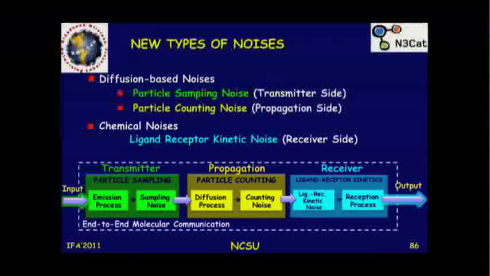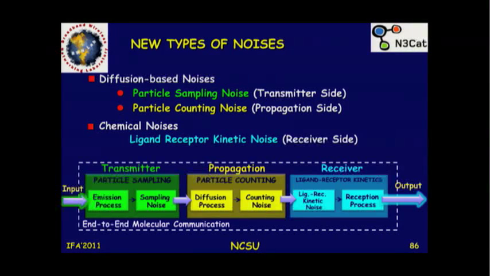So that's the noise that is injected in the transmitter. In the propagation, it's called counting noise, because they're all moving around. Some of them are lost because they took different directions. Some of them elastically hit each other and then they move and they reproduce themselves. So they're all additional noises that we capture here.